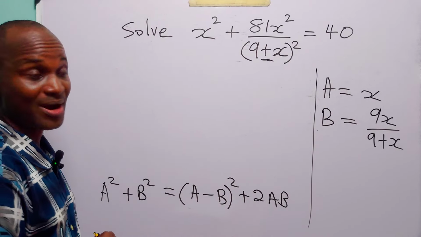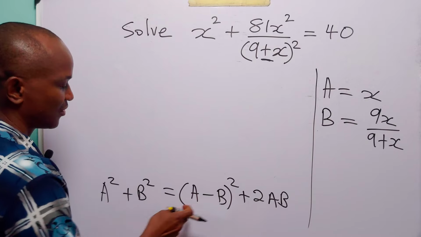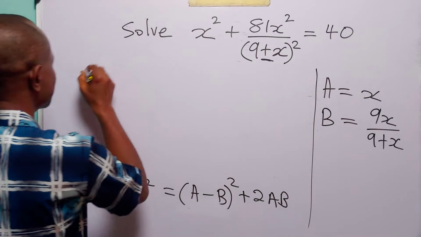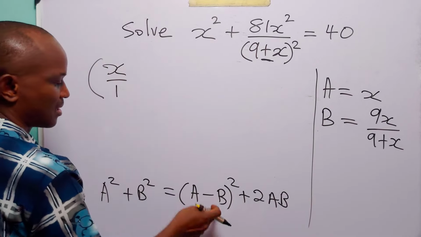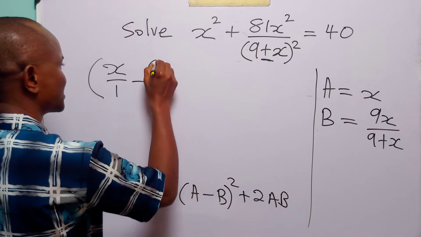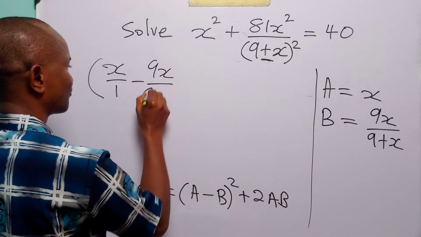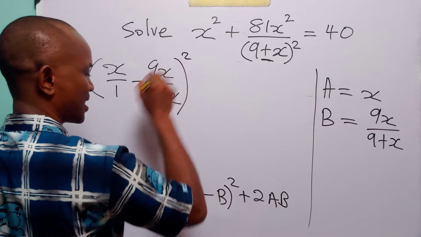So now we are going to rewrite the left-hand side of this equation using this identity. We have a, which is x, let that be x over 1, minus b, which is 9x over 9 plus x. And of course, this is squared.